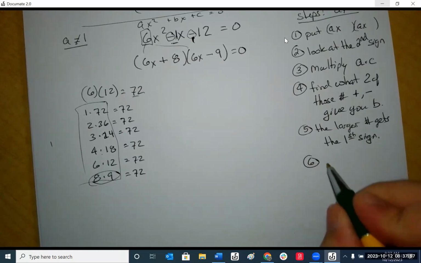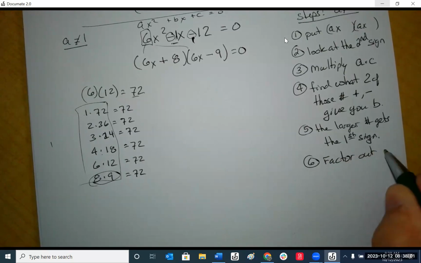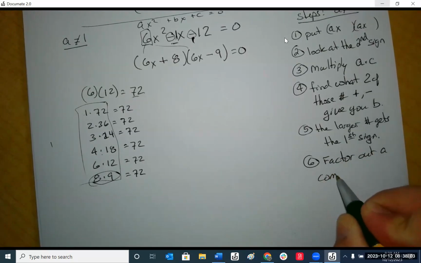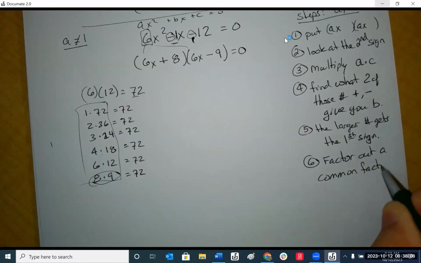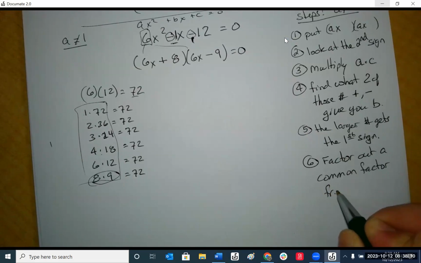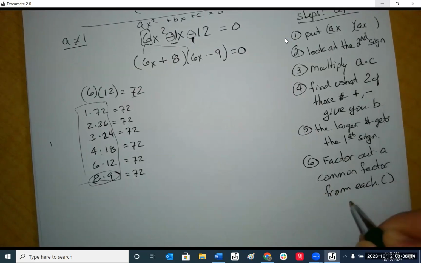Step 6. Factor out a common factor from each parenthesis if possible.